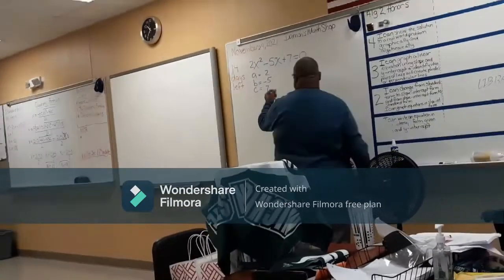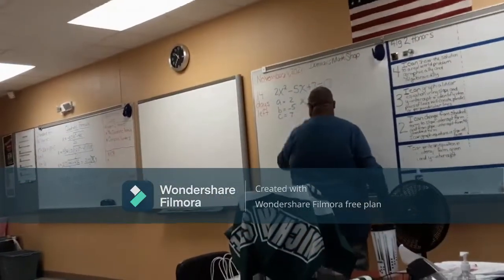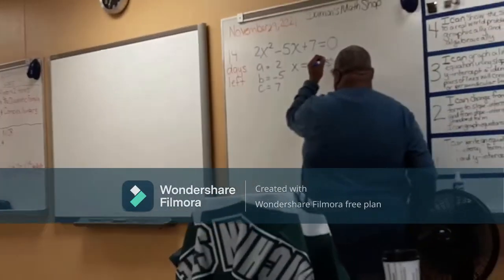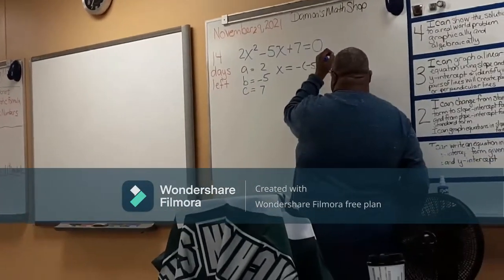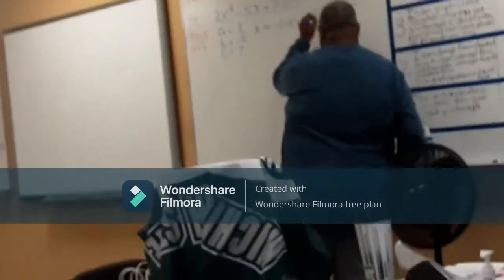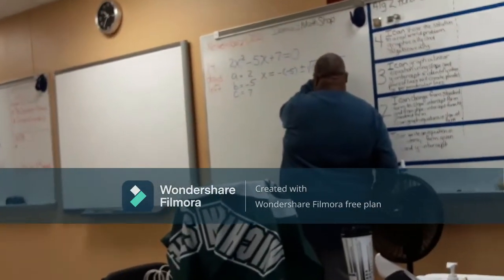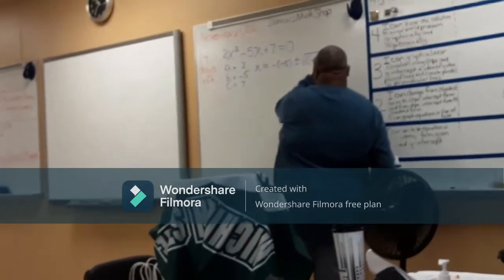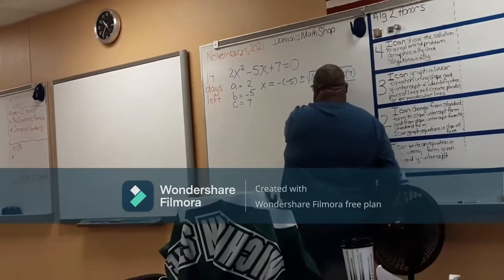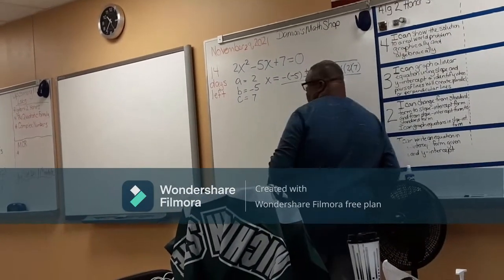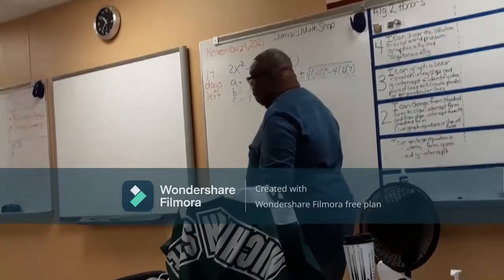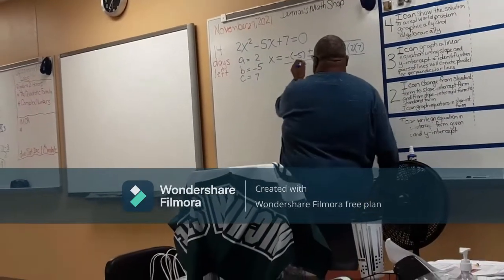X equals -5 plus minus the square root of -5 squared minus 4 times 2 times 7, all over 2 times 2. Make sure here that you draw that fraction bar over the entire top.